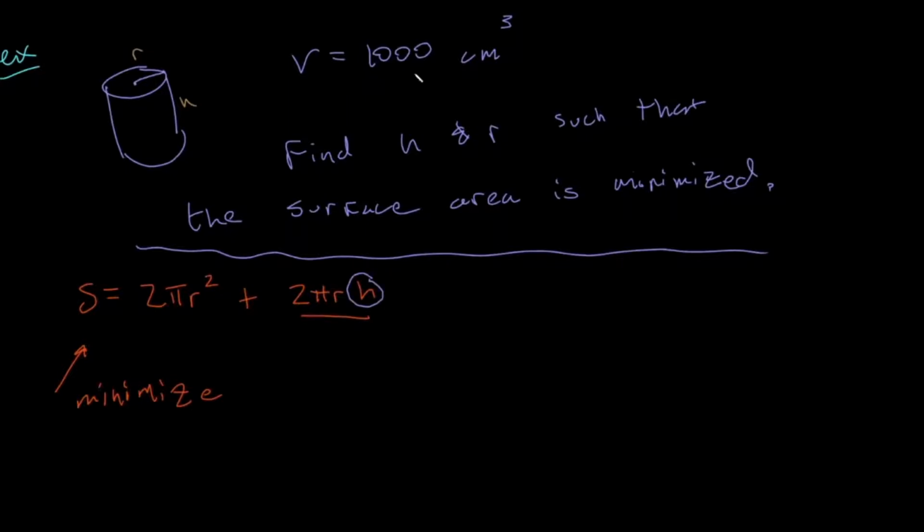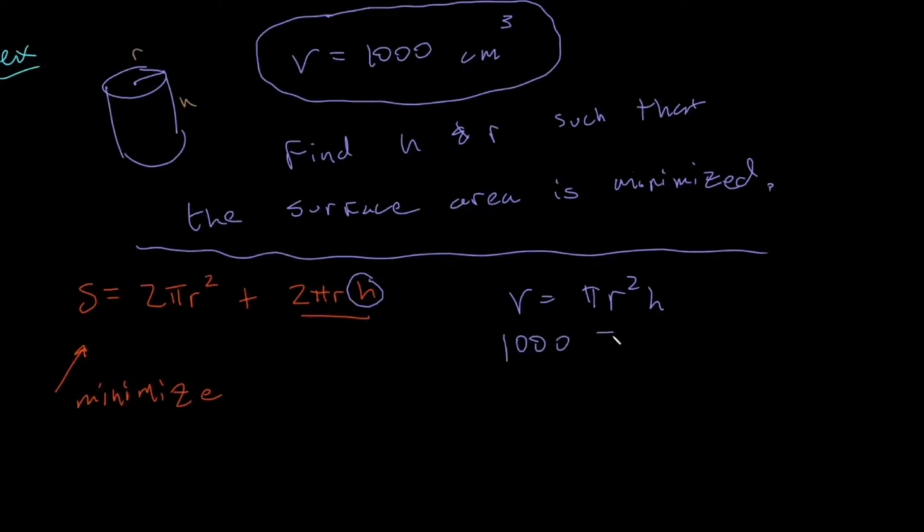I'm going to go to my only other piece of information, that the volume is 1,000 cubic centimeters, and volume of a cylinder is pi r squared h. Well, I need h, so it's just 1,000 divided by pi r squared.